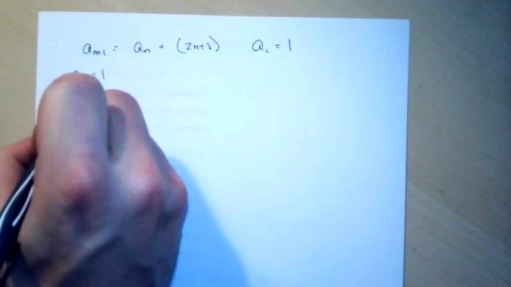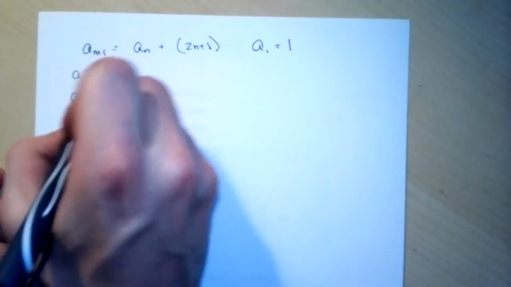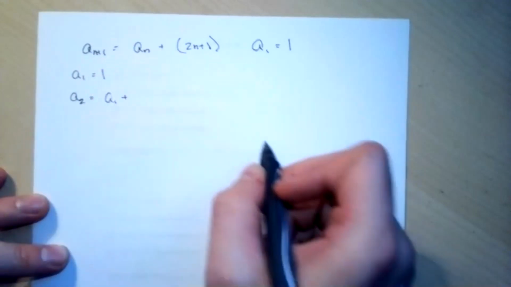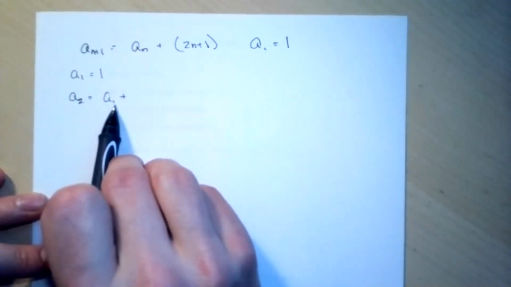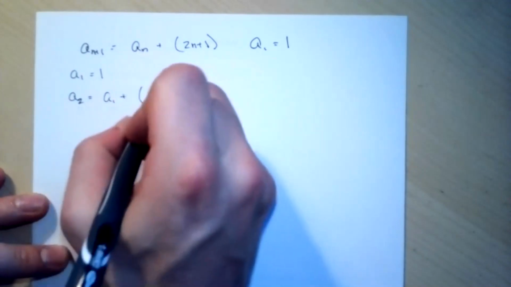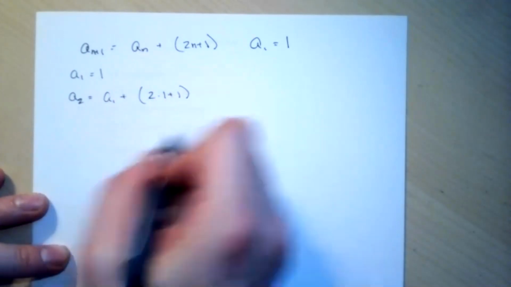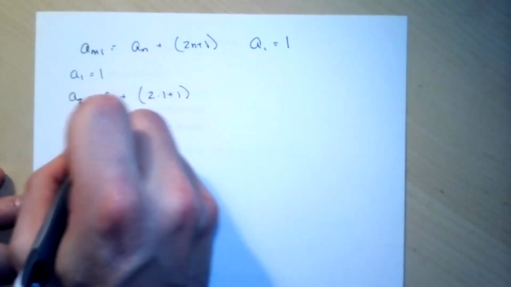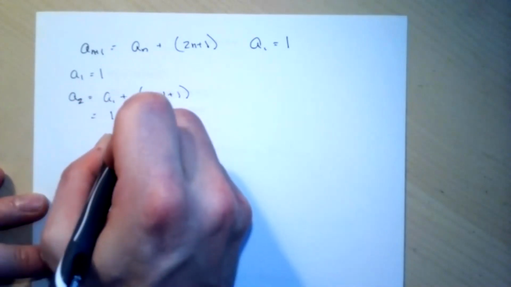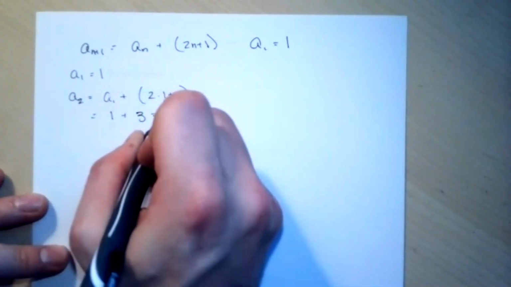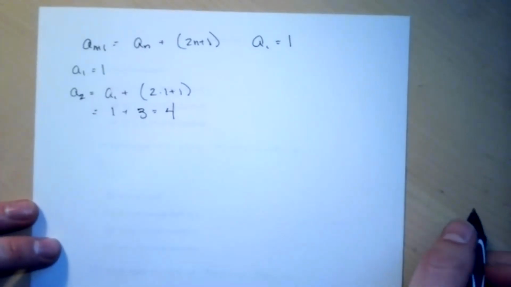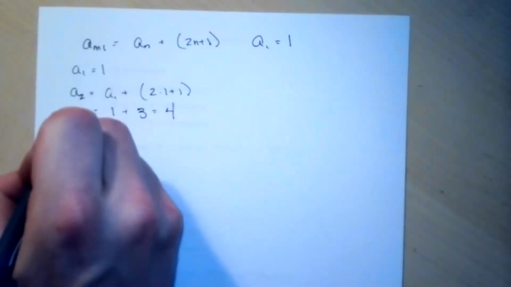Our a_2 is then going to be a_1 plus, so our n is 1, 2 times 1 plus 1, which is going to be 1 plus 3, so it gives us 4.